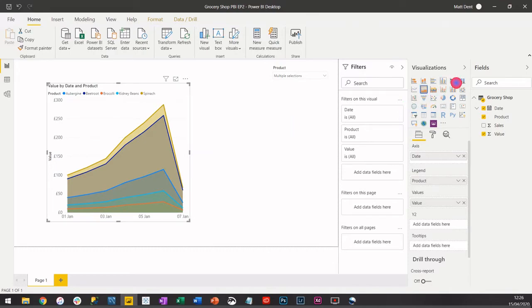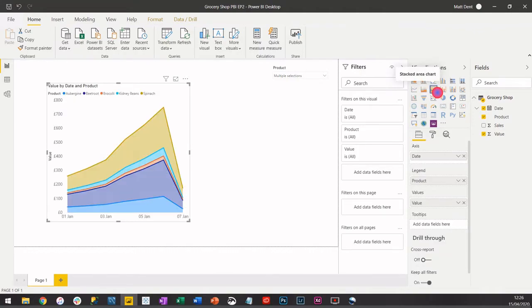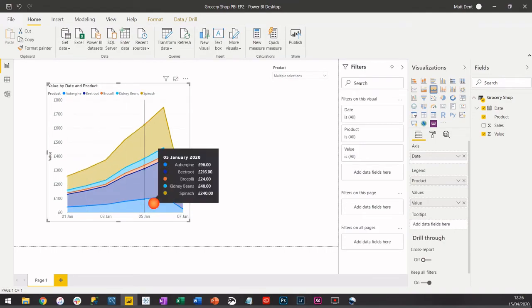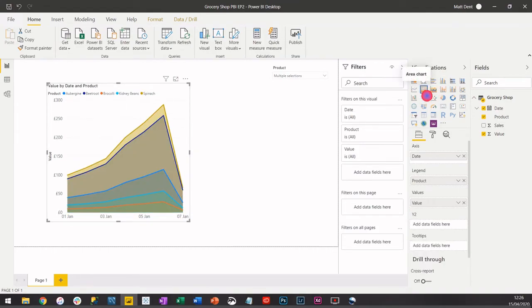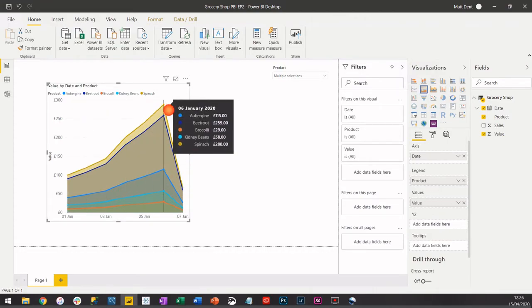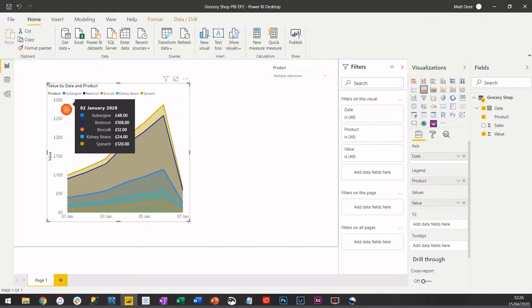Now similarly to the bar charts that we looked at above, we can also stack our areas. So here we are now stacking each of the products on top of each other. So here we can see each of those products in turn. So spinach on the 6th hit £288, and that's where it sits on the axes.